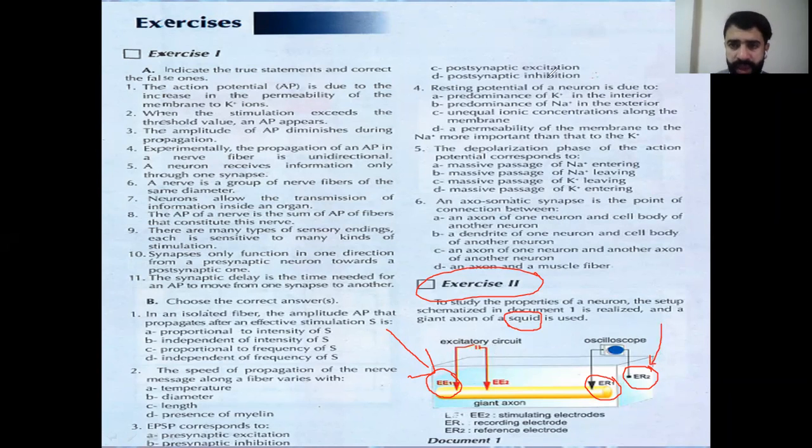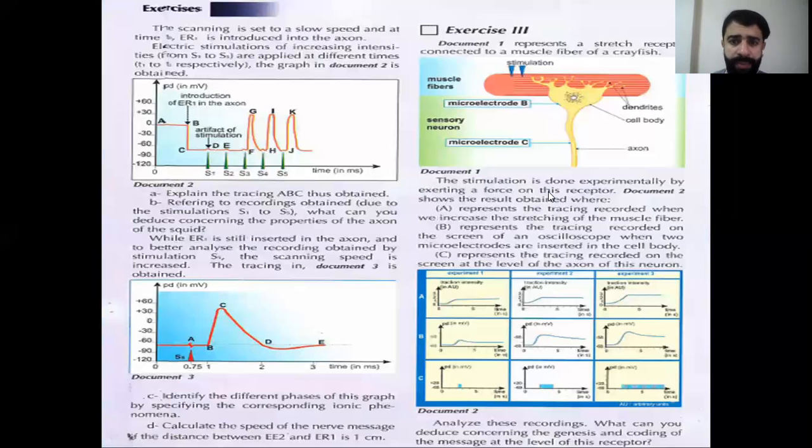Let's see what will happen in this experiment. They put these electrodes on the surface. The scanning is set to a slow speed, and at time zero, ER1 is introduced into the axon.